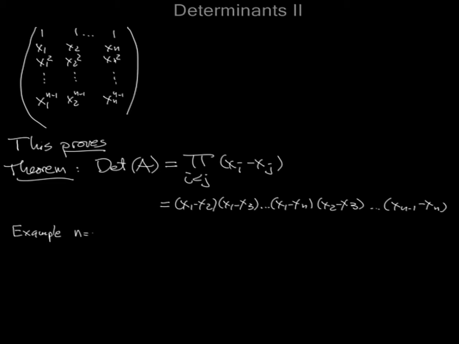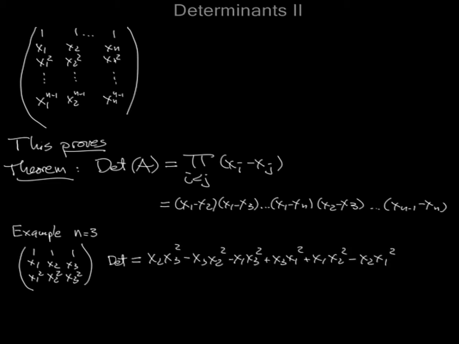So let's look at an example. Take n equal to 3. And here's the 3 by 3 Vandermonde matrix. What I'm saying is, if you compute this using the usual formula, you get this rather complicated thing.